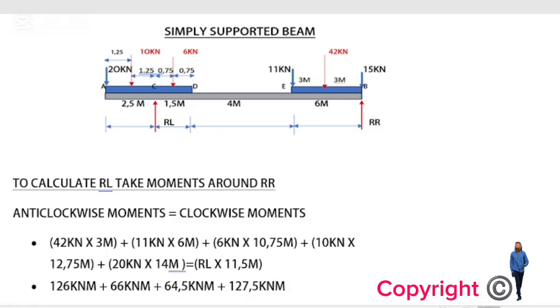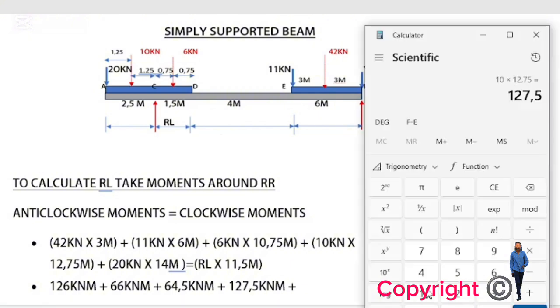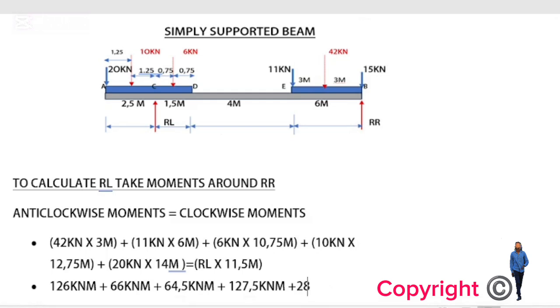Then plus 20 multiplied by 14 equals 280 kilonewton meters, equals 11.5 RL.